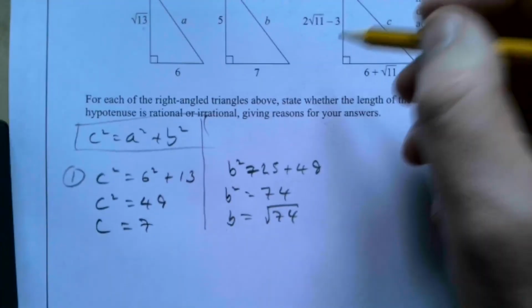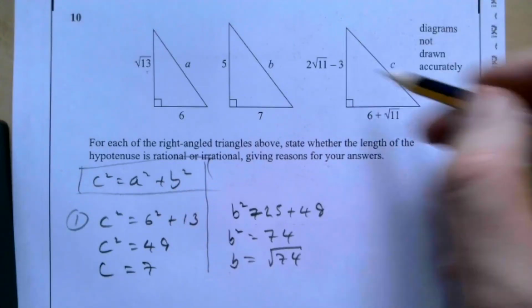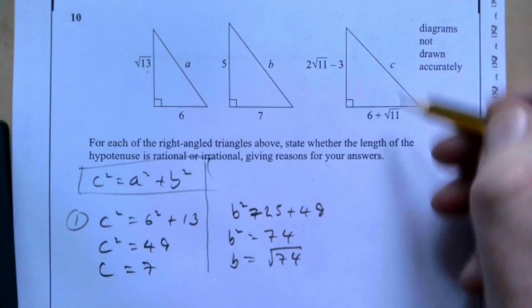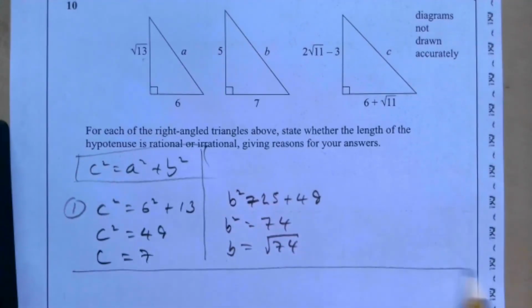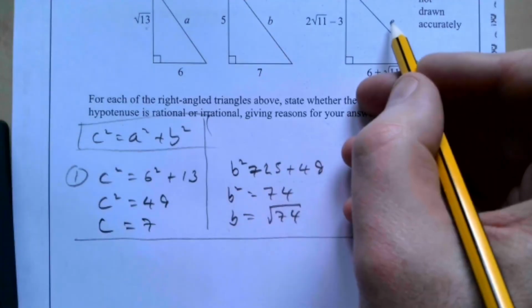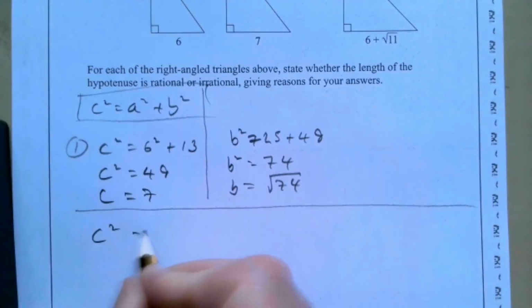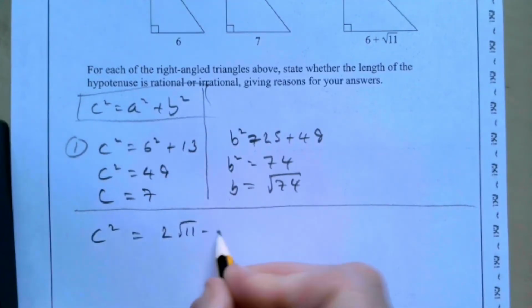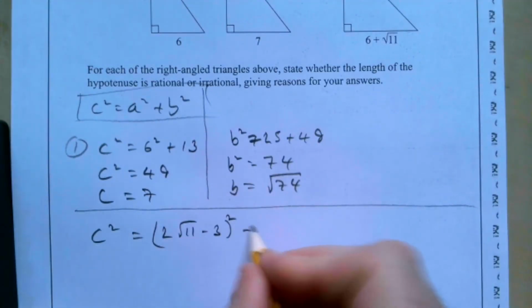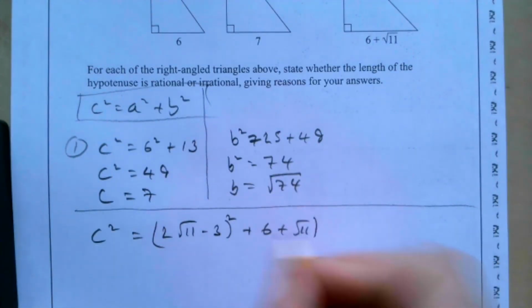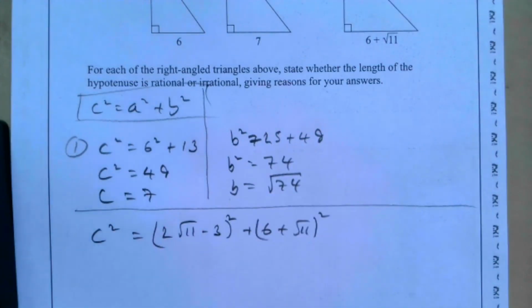And then finally, we're going to have a bit of surds to multiply out. So let's wait and see. So we're going to do this squared plus this squared and see what we end up with. This is a wee bit of a messier one, so we'll do it down here. So we have c squared equals 2 root 11 minus 3 squared plus 6 plus root 11 squared.